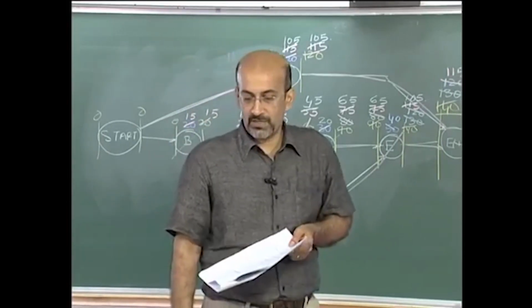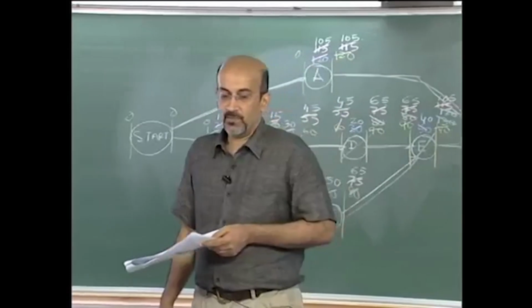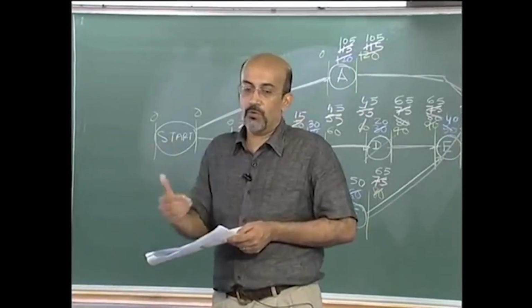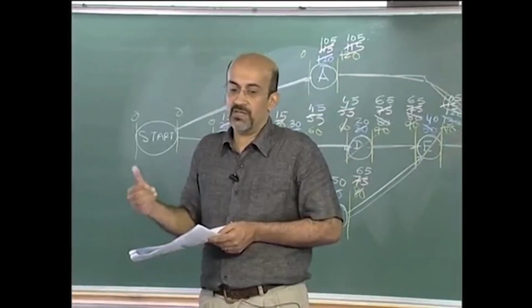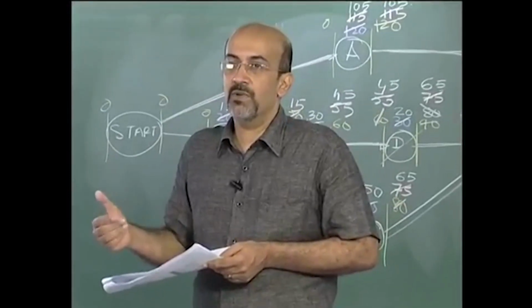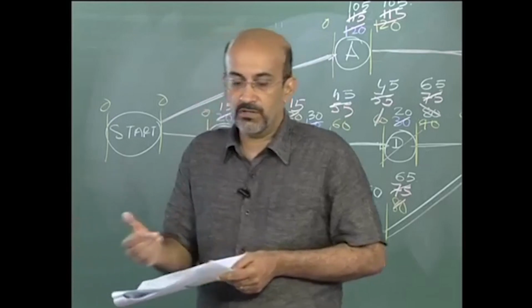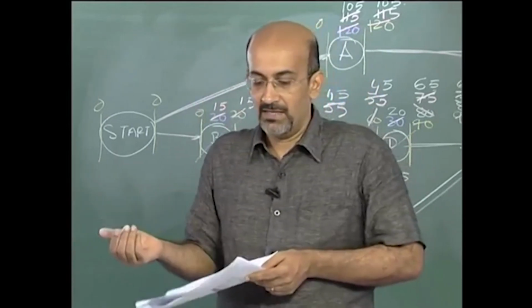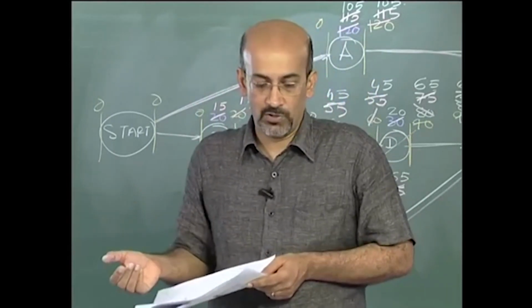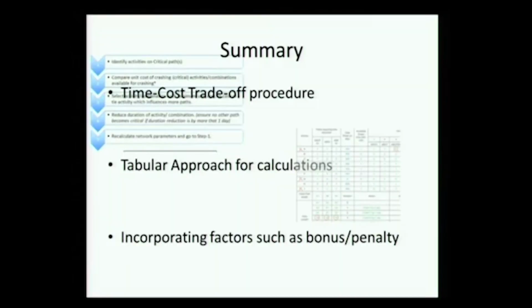Otherwise, to summarize quickly, we revisited the time cost trade-off procedure. We saw how we have to go through the steps and calculate the minimum direct cost of crashing the network. We then added the indirect cost and saw the minimum total cost. We introduced a tabular approach for calculation. We will do a few more examples on this.